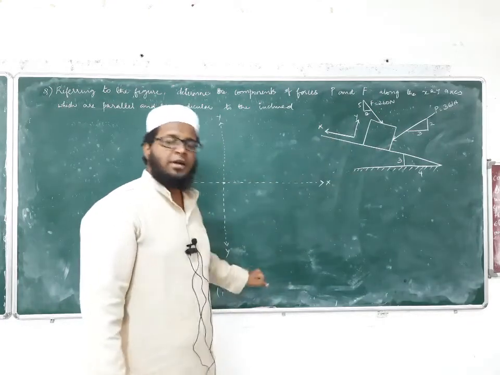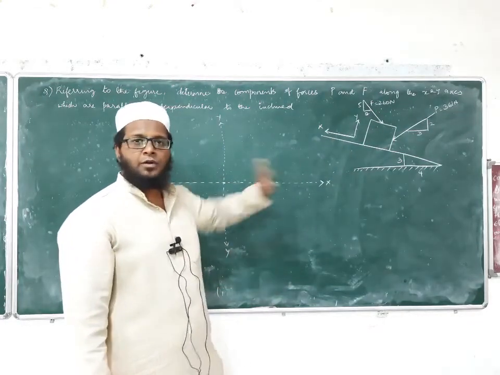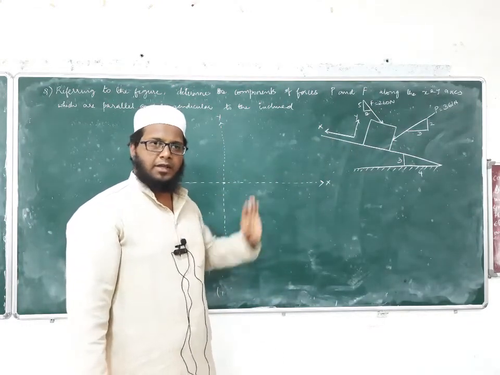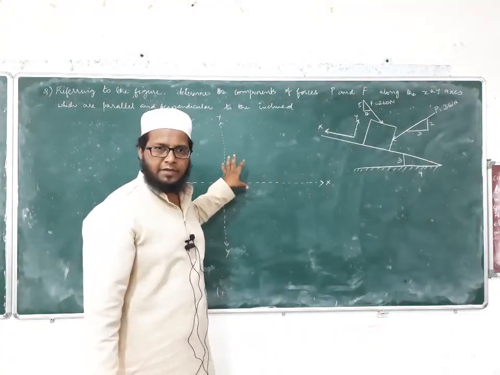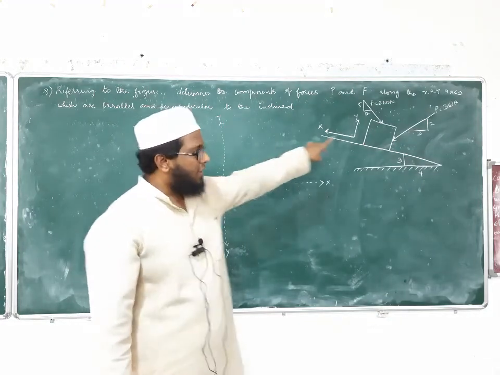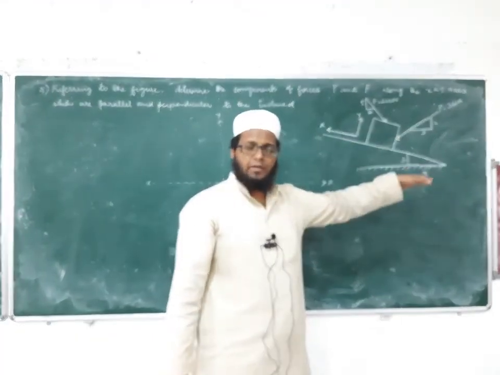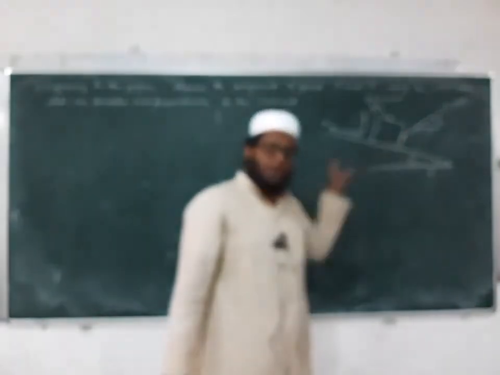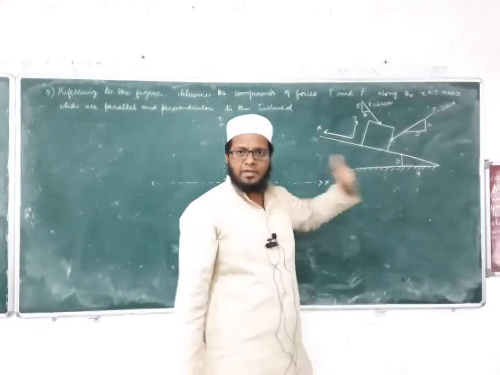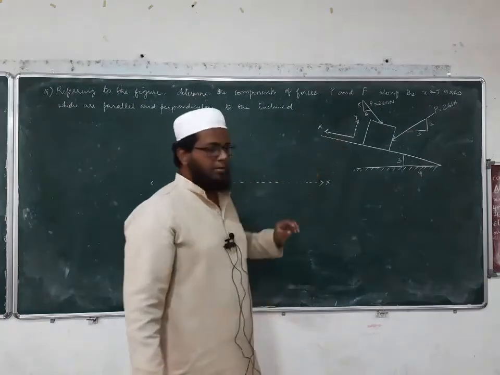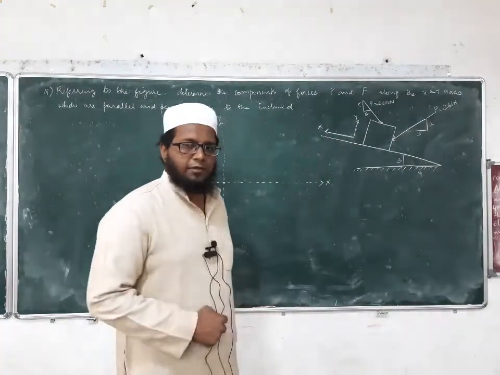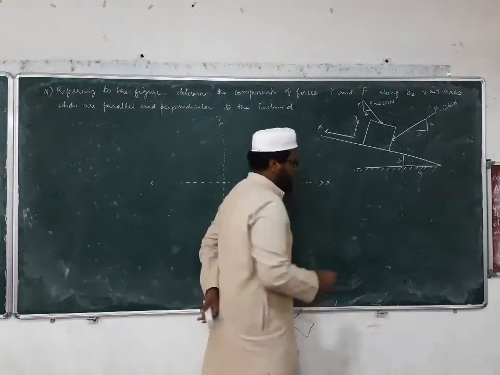We have to draw our forces first, then we will rotate our x and y axis. In the previous case, as soon as we drew the figure, we rotated the x and y axis. But here, since our forces are also inclined, we will plot our forces first, then later rotate our x and y axis accordingly, okay. Before that, we will calculate all these angles.